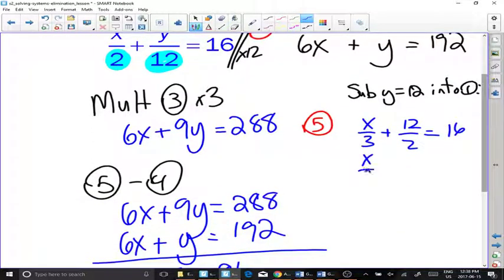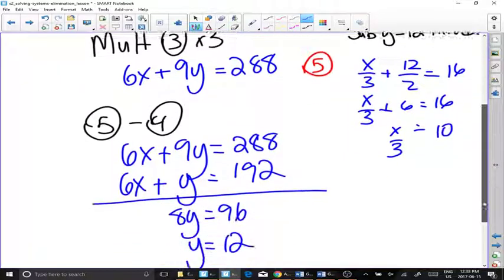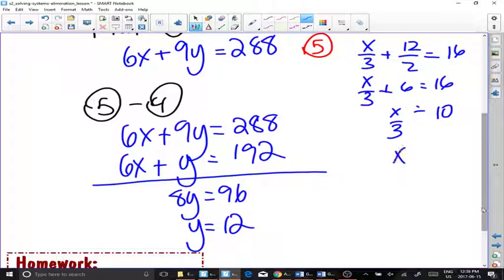That's x over 3 plus 6 equals 16. 6 over to the right side, and that's going to be 10. So x over 3 equals 10. X is going to be 3 times 10. So x is 30. So x is 30 and y is 12.